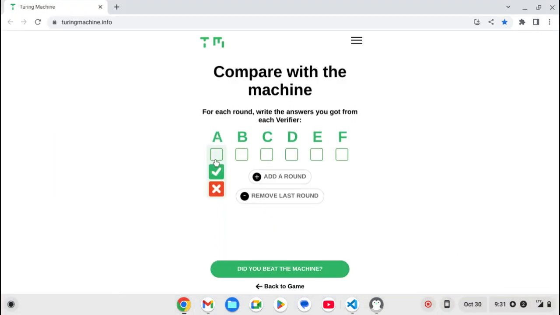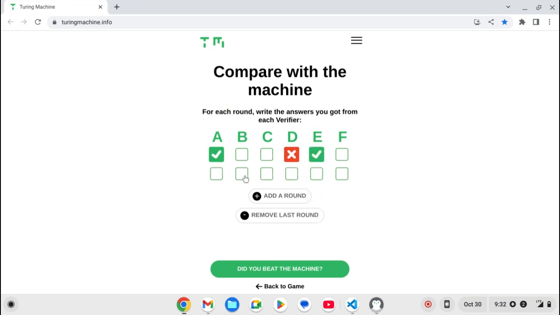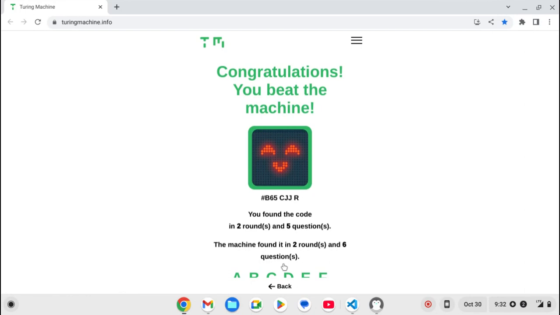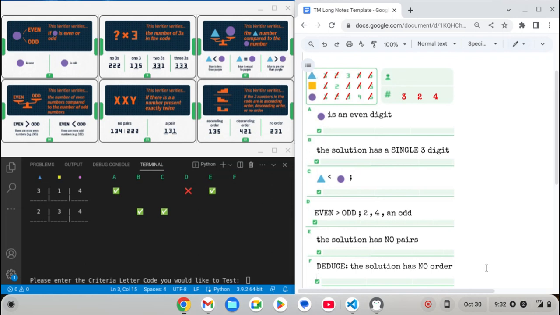And of course, we did ADE again in the first round, with D being the only incorrect. And then in the second round, we did BC, and they both were correct. Wow, so we beat the Turing Machine by 1 question. And more than likely, it must have been that we deduced criteria card F outright.